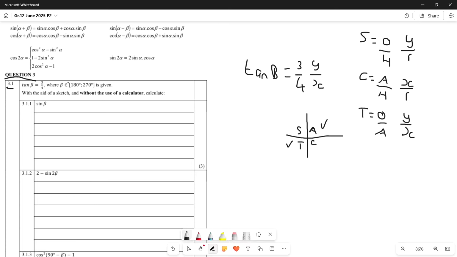And then they've given us this restriction, where beta is an element of 180 degrees to 270 degrees. So we have 0 degrees, 90 degrees, 180 degrees, 270 degrees. That means element of 180 to 270 only fits in this quadrant here, which means we are just dealing in the third quadrant, and that is where we're going to do our construction.